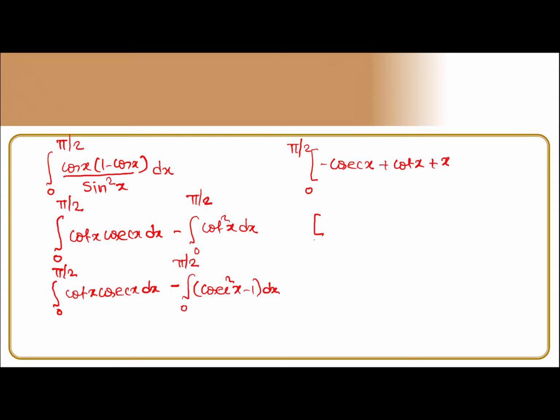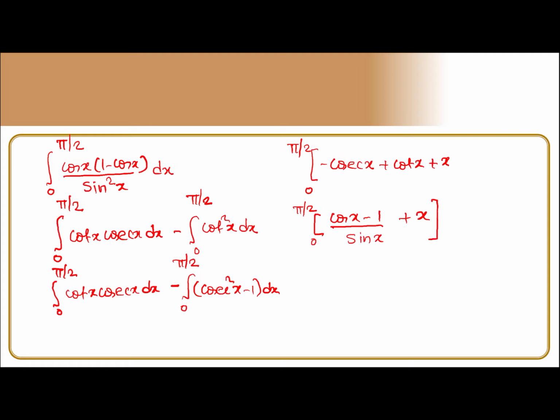You convert into sine and cos, from 0 to pi by 2. This becomes cos x minus 1 by sine x. This is the way the students make mistakes, because if you take cosecant, it becomes 1 by sine pi by 2, but for the lower limit the denominator is sine 0, which is 0, tending to infinity.